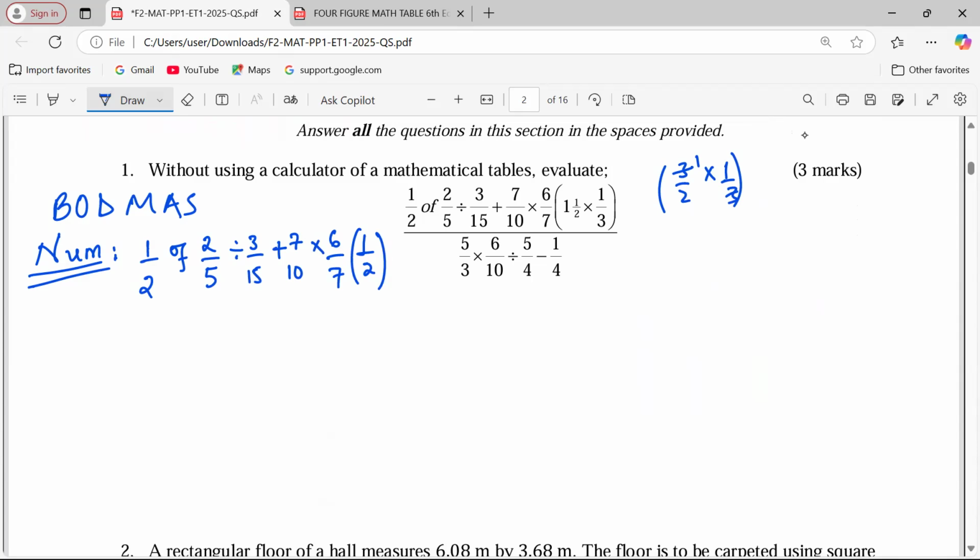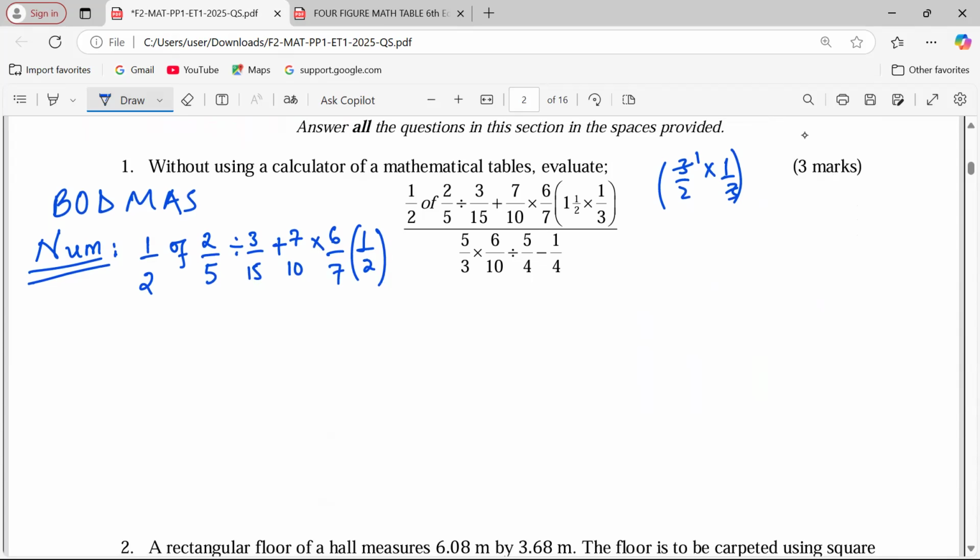It's good for you to notice that we can still open the bracket further by saying half of 2/5 divided by 3/15 plus 7/10 multiplied by 6/10. To open the bracket, we just multiply by half, and that becomes 3/7, because the 2 can cancel with 6. So 3/7 that way.